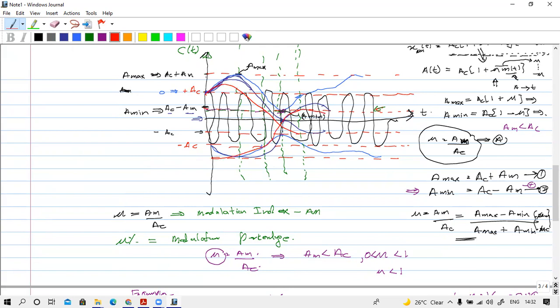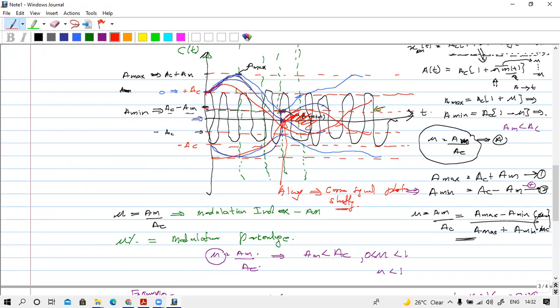Then it goes like this. So you can see that some crossing is there. At this cross point, you can always note that the carrier signal phase is changing.